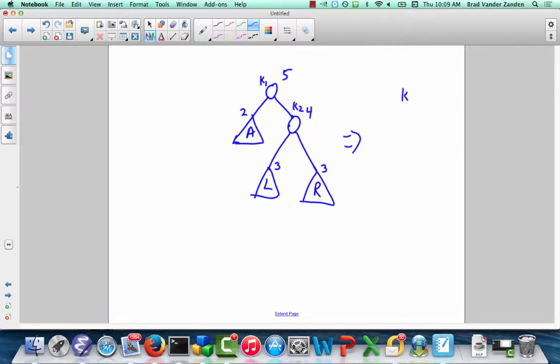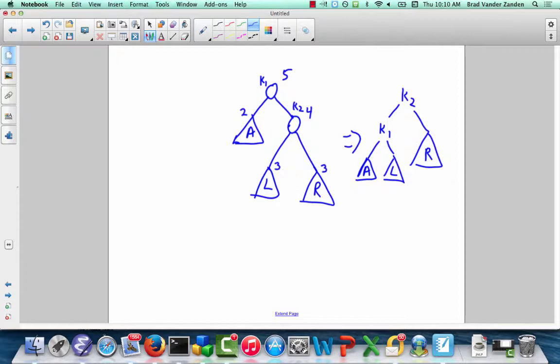That means K2 is going to rotate up, K1 is going to rotate down, A is going to be down here. We're going to have now R over here, and K1 is going to end up adopting L. Right? Do we agree with that? That's our rotation about K2. Everyone in agreement? Okay, so let's just recompute the heights.